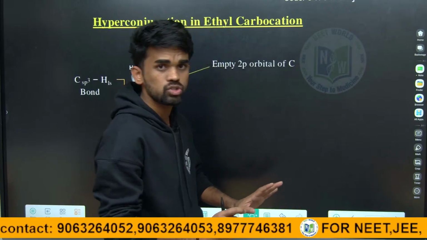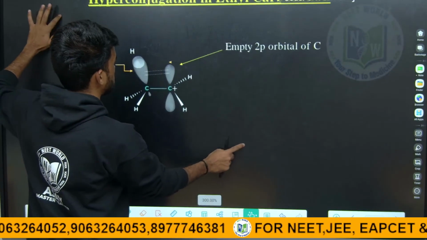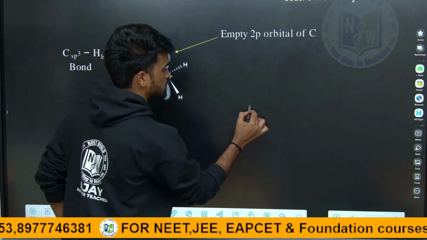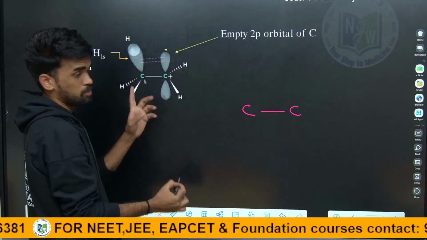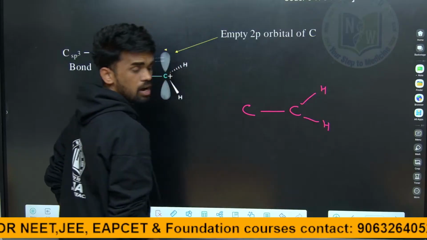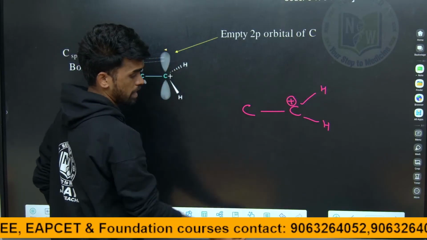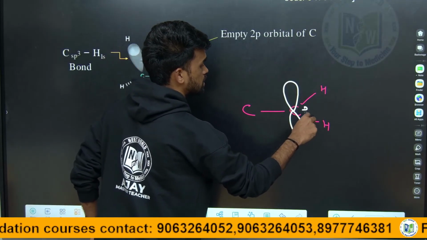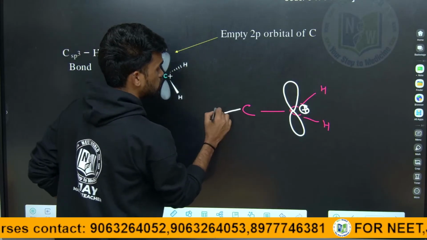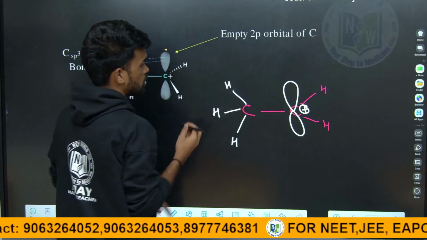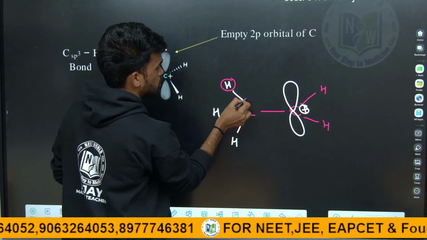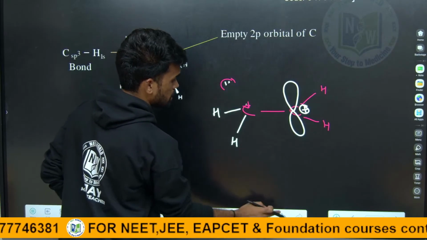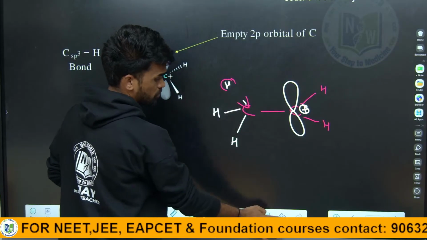Now I want to show the orbital representation for this. Here we have ethyl, the example we discussed previously, with the same orbital representation. Look here: this is the carbon with positive charge, the carbocation, which is electron deficient. Let us indicate the empty orbital of this carbocation like this. Here we have 3 hydrogen atoms. This is the s orbital of hydrogen and this is a p orbital of carbon, and the electrons are represented by the sigma bond.